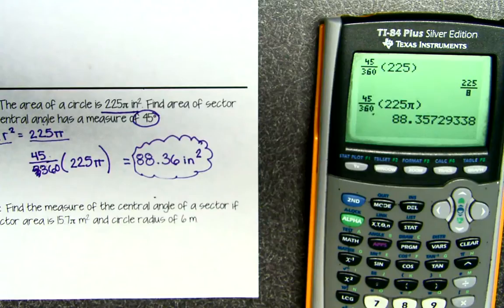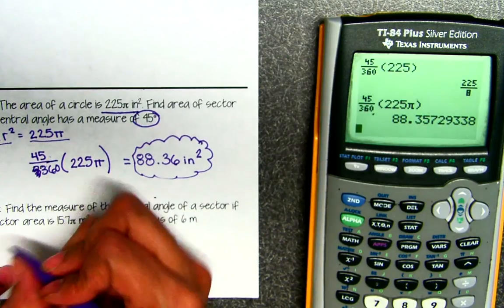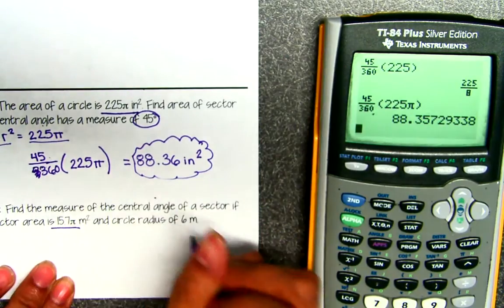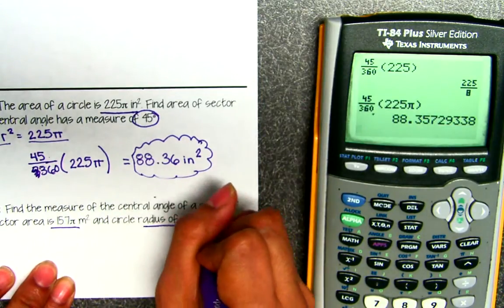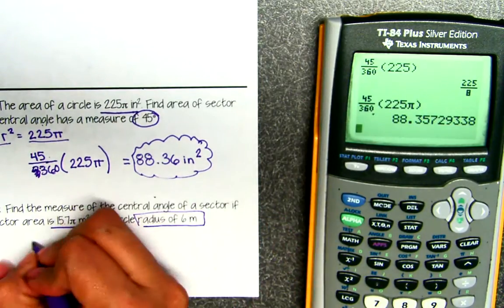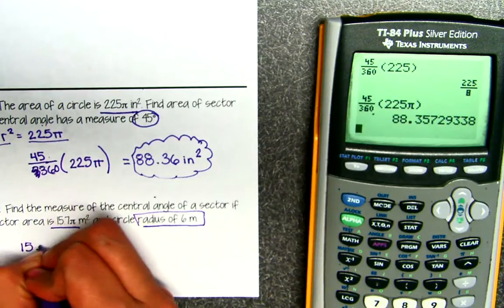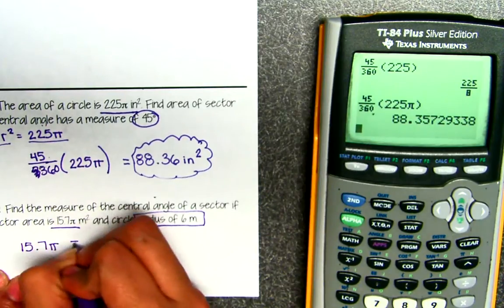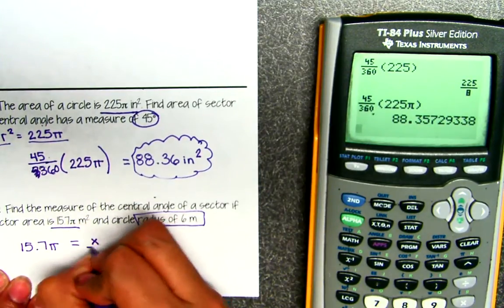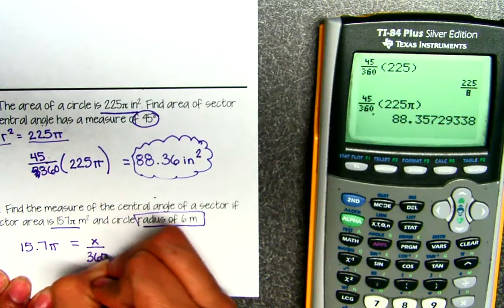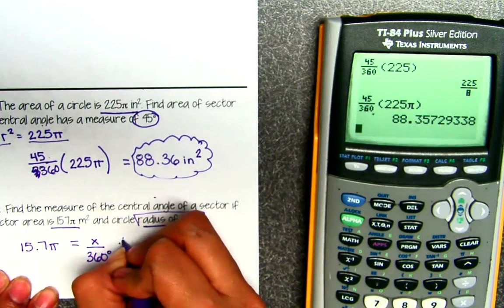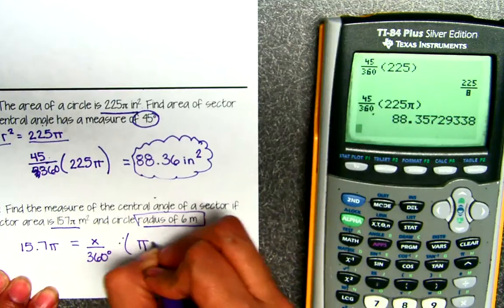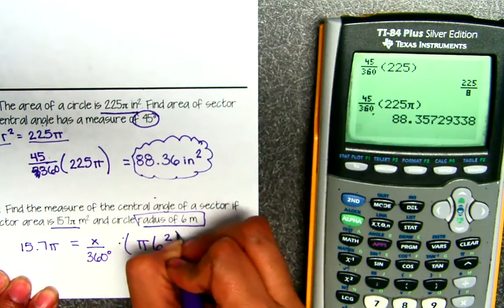And then find the measurement of the central angle of a sector. Its area is this, and the circle radius is this much. So I have 157 pi equals x over 360 times pi 6 squared.